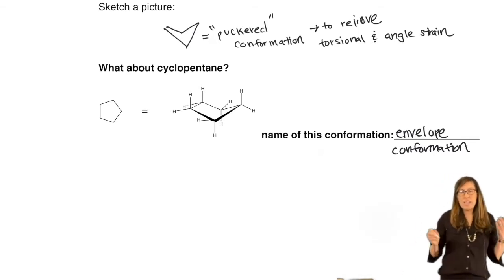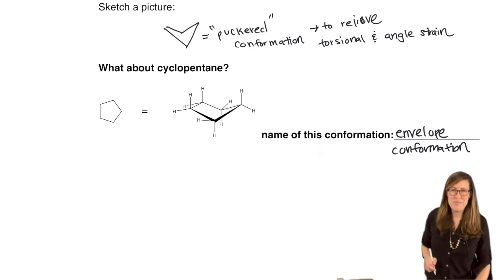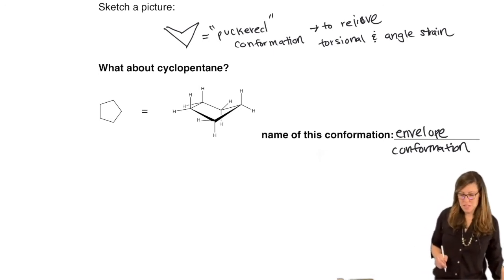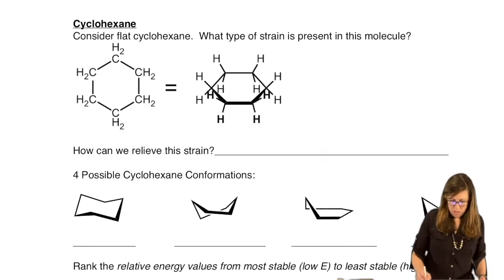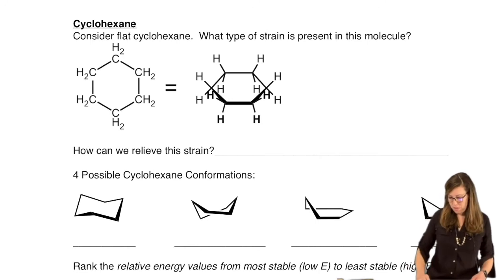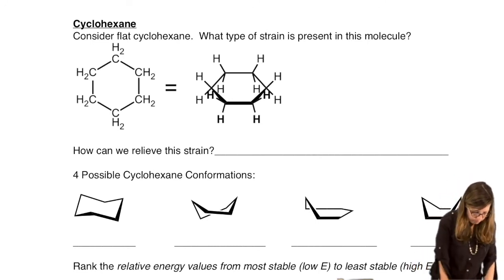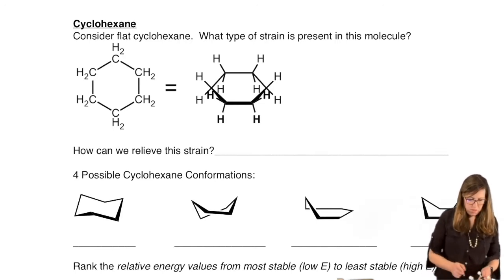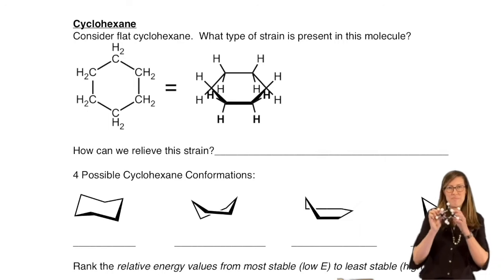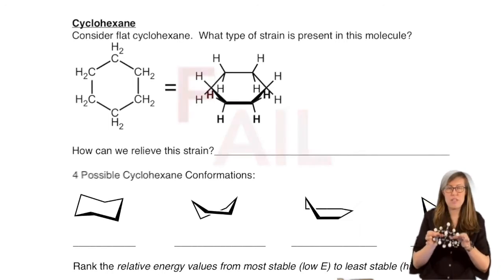Okay, now we're going to get to the one we'll spend the most time on, but that kind of leads up to why this is the most stable one, cyclohexane. Build cyclohexane if you haven't done so already, okay? All right, so if you've built cyclohexane, do not just have the carbons.